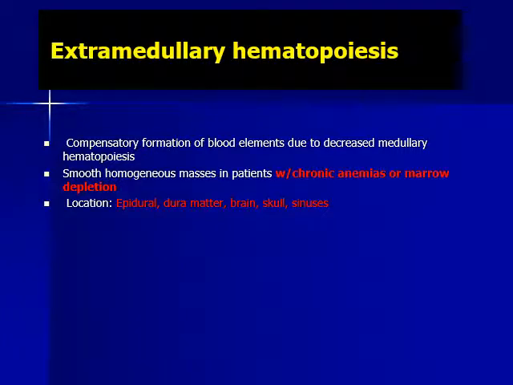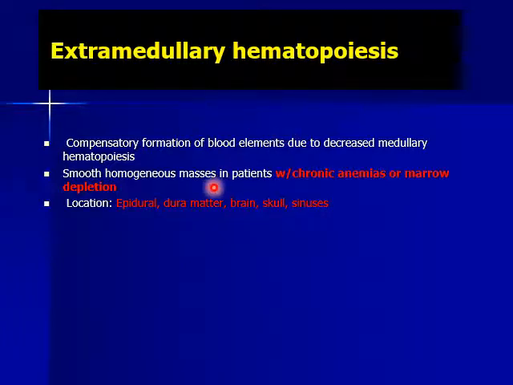Patients with chronic anemias, such as thalassemia or others, the hemopoietic tissue can form outside or herniate from the hemopoietic organs like the bone marrow or the spleen and so on to make extramedullary masses. We can see this in the brain, nearby the calvarium or along the meninges.